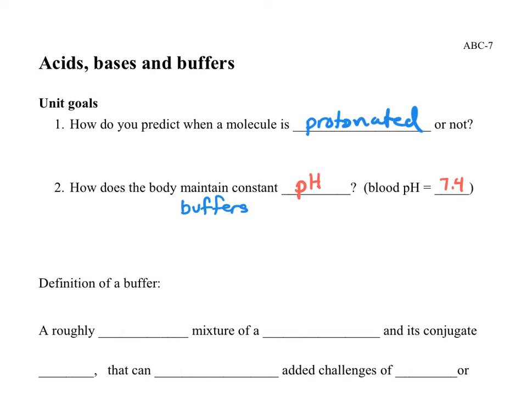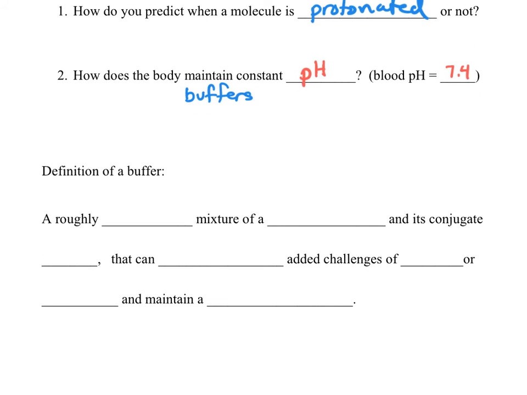So this is where we want to start with question 2, and in order to do that, we're going to get into the definition of a buffer. This is not something you need to memorize. Think of this more as an outline for where we're headed. A buffer is a roughly equal mixture of a weak acid and its conjugate base.